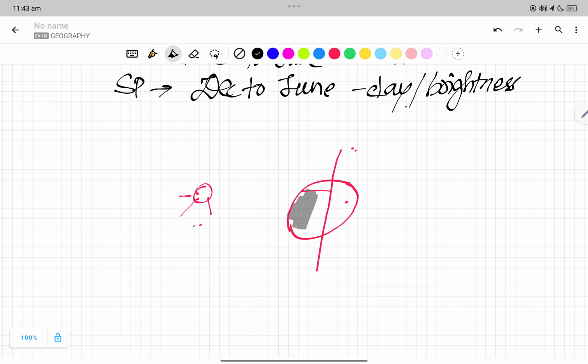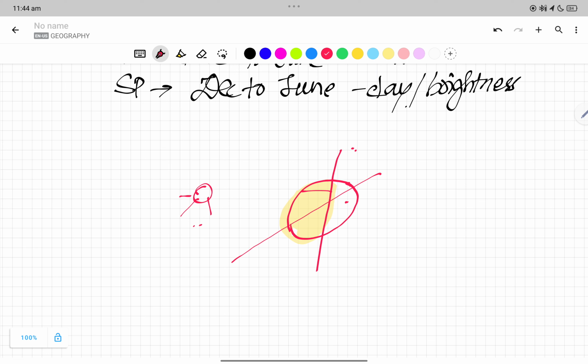This entire part will get sunlight, whereas this is the axis, north pole, south pole. This entire part, here we have a circle, right?